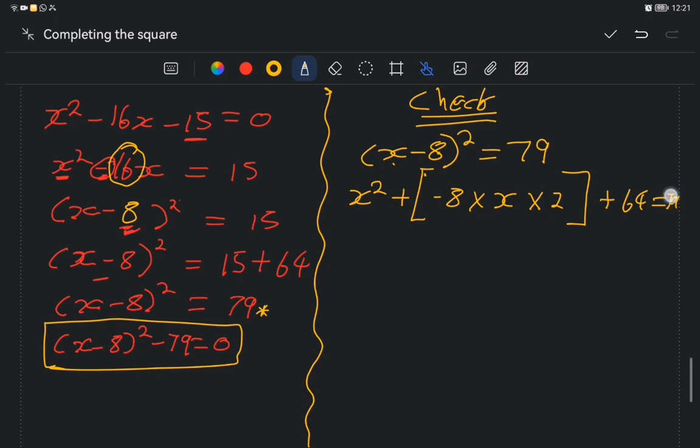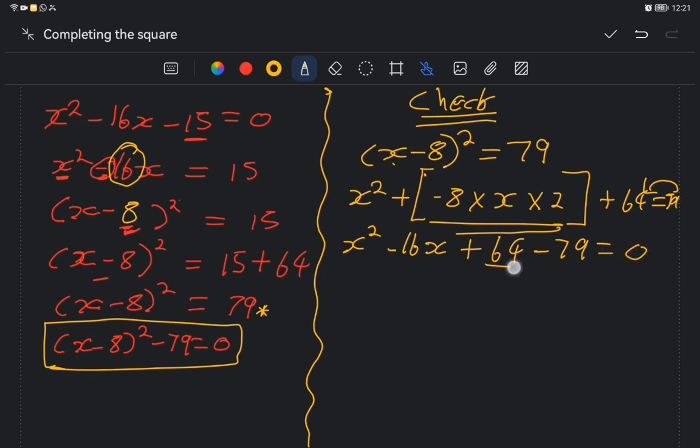Let's simplify what's inside. We have x squared plus negative 8 multiplied by 2, which is negative 16x, plus 64. Let's take this to the other side, so it will be negative 79, and therefore it's equivalent to 0.